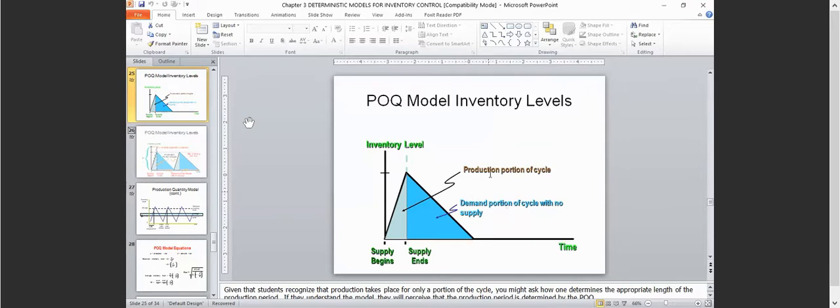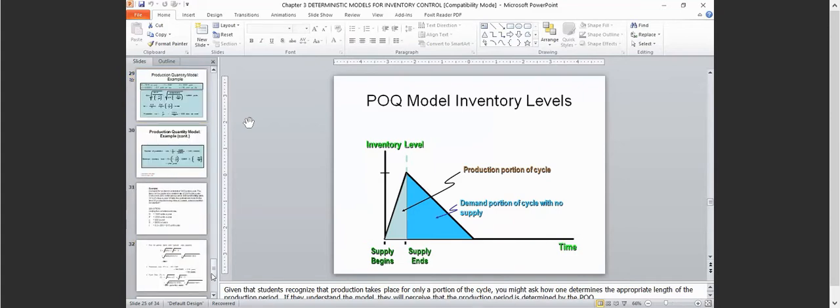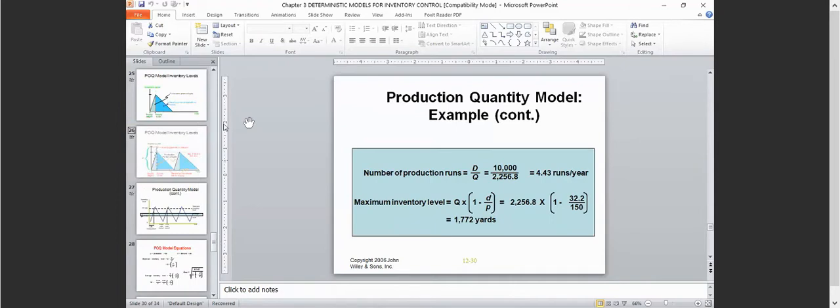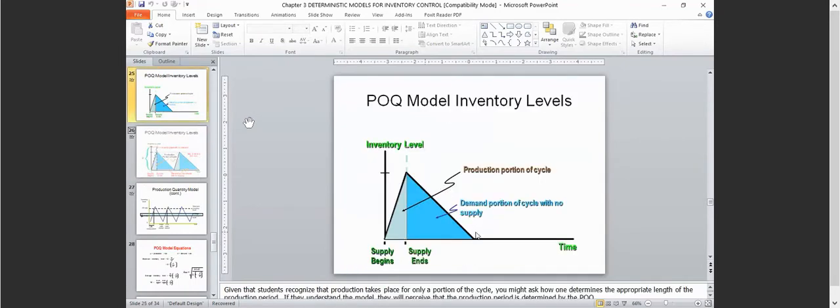We need to develop this curve with 4.43. So to show the numbers of production run.